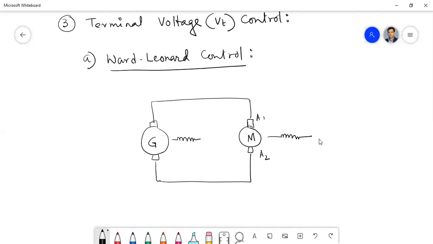But this generator is mechanically coupled with another motor, and that is an induction motor, where we have to apply three-phase AC supply.